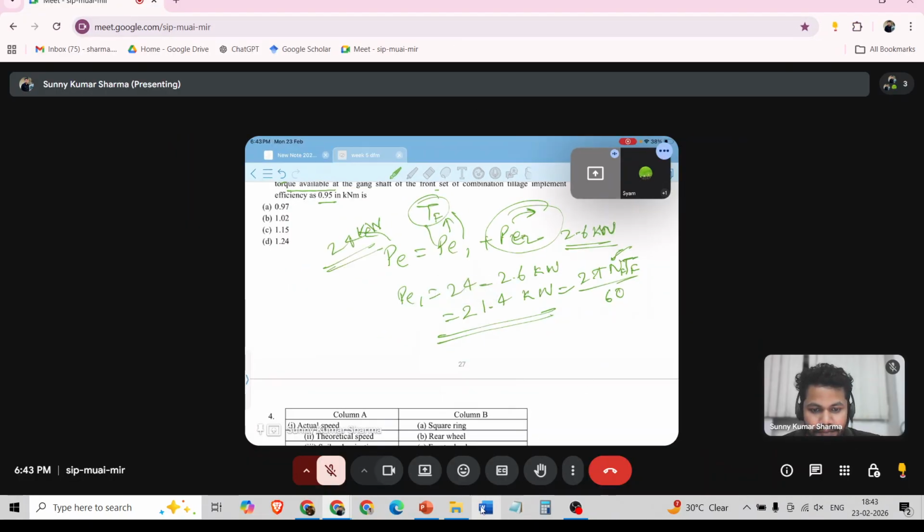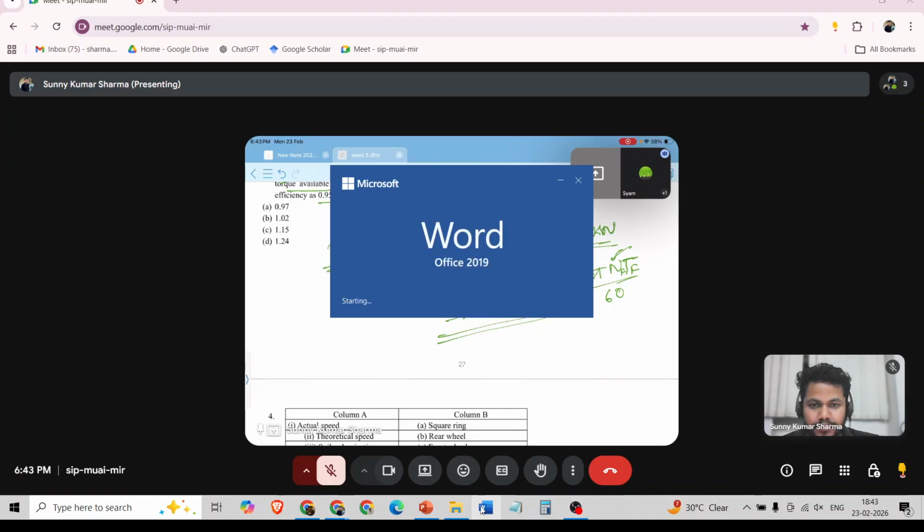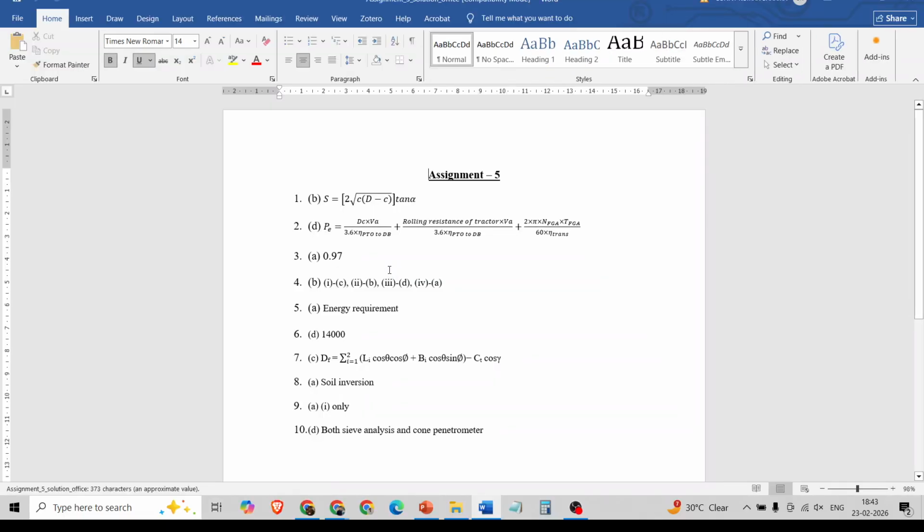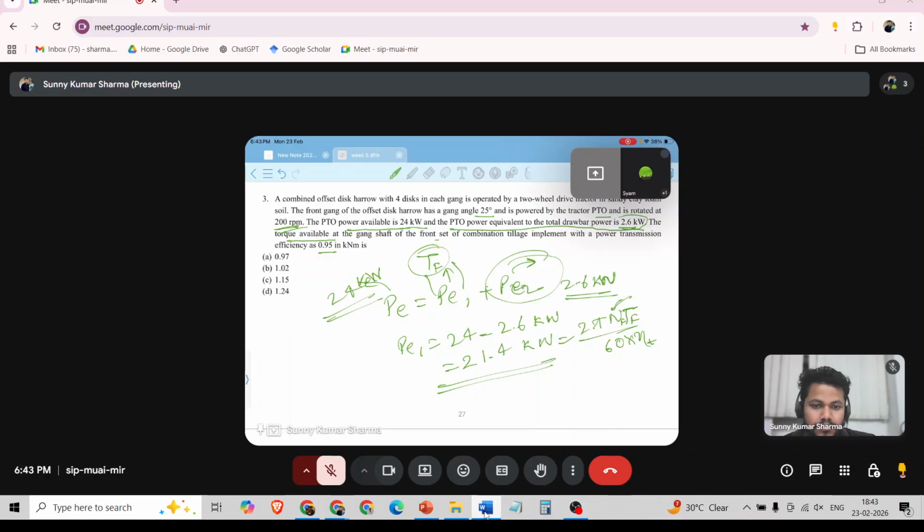Wait, let me check, there may be some error in that conversion factor. So have you taken the efficiency? Like 2 pi nT by 60 into efficiency value. Efficiency value has not been taken, the transmission efficiency. 0.95. Okay.